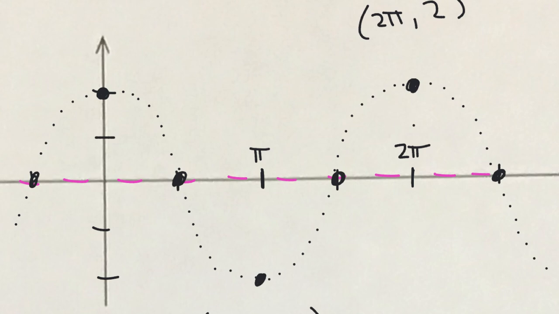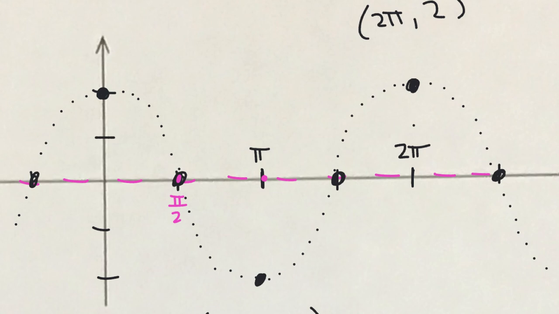So let's think about the other labels. If this point is pi, then the coordinate here where the graph crosses the midline has to be pi over 2, because it always happens in the middle. And halfway to pi is pi over 2, right? Pi halves.